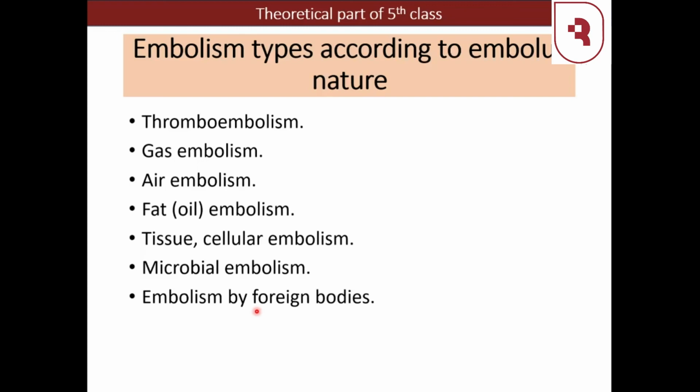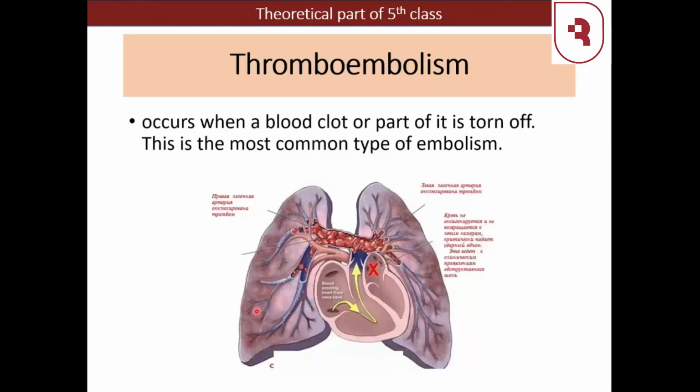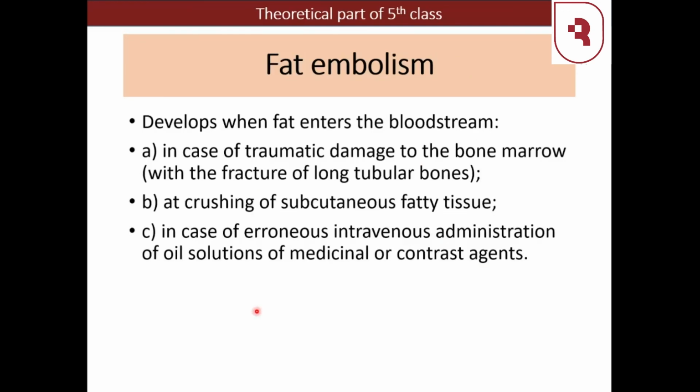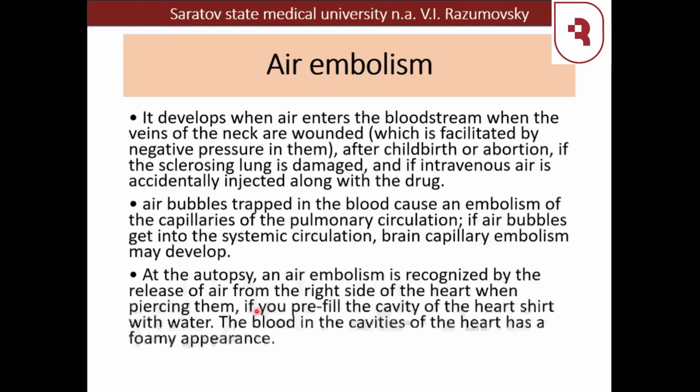And embolism by foreign bodies: we may see some kinds of stones, some kinds of bullets, and some other particles in the bloodstream. Thromboembolism, I have already told you about these forms of emboli. All the information you may see on the slide, it will duplicate my words.